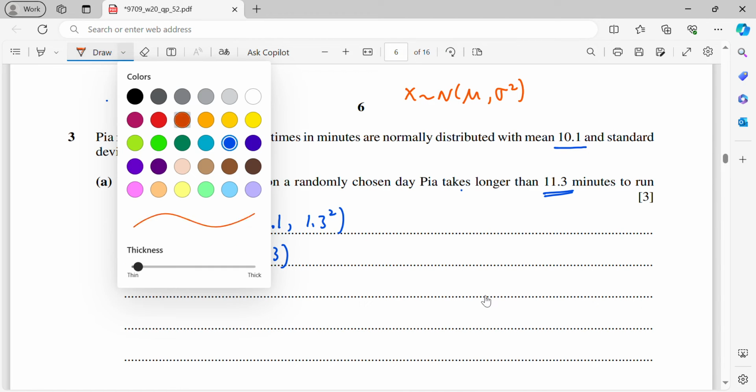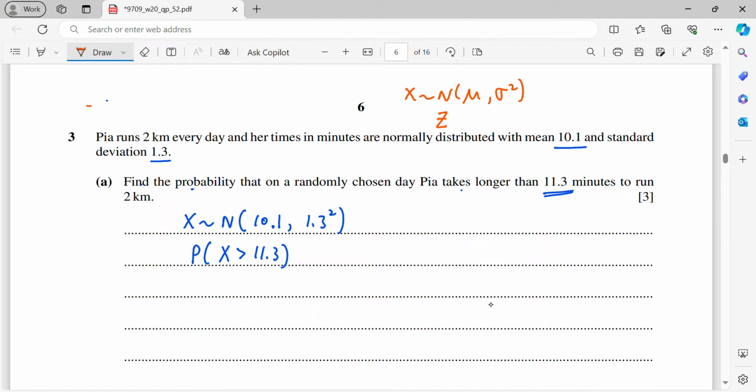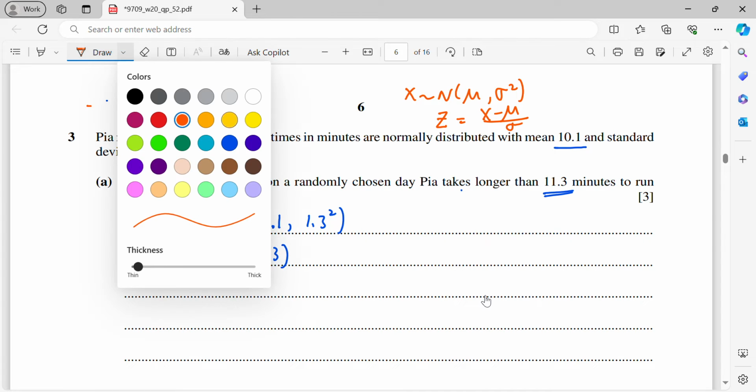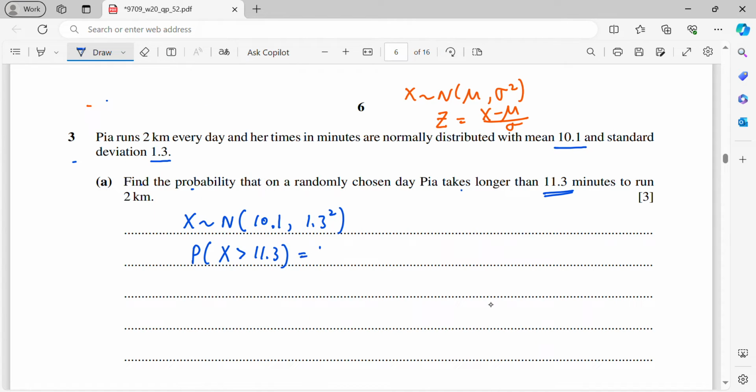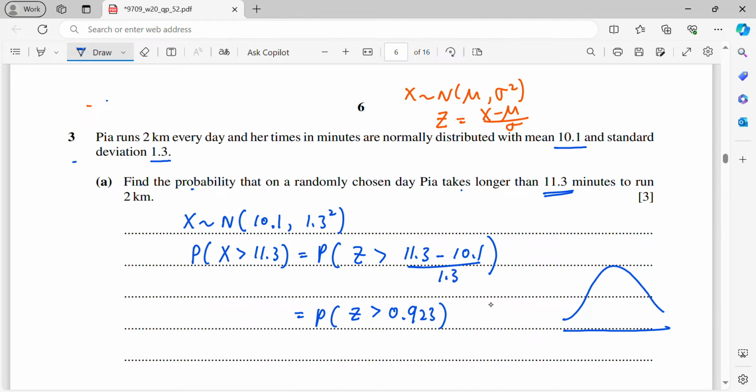So now, when you need to standardize this, it will be z equals x minus mu over sigma. So then here I will get P(Z > (11.3 minus the mu 10.1) over sigma 1.3). Then from here I will get z greater than 0.923. Once you get this, sketch a graph. Okay, middle is 0.